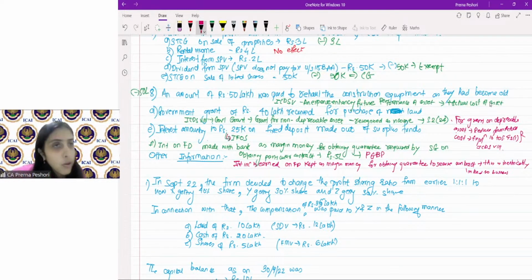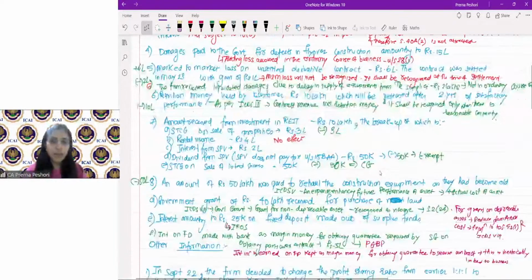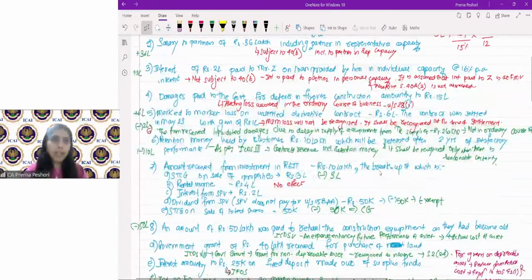Now we are done with all of this. What else is remaining? Other information? Just keep it pending because we will do it in the next class. That is in relation to the capital gain, which you will revise and come, and then only we'll solve it. But there is one more adjustment which is left. What did you forget?